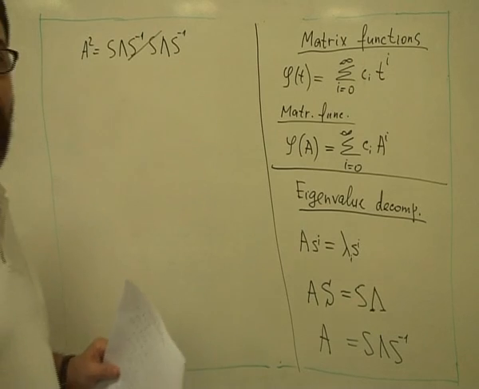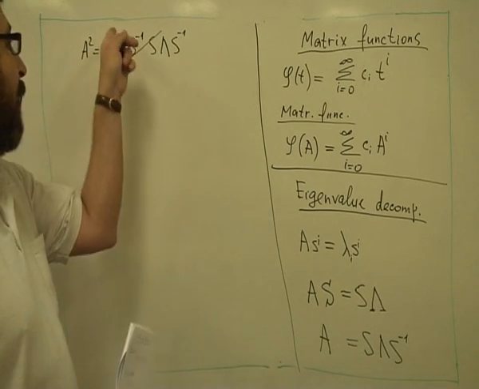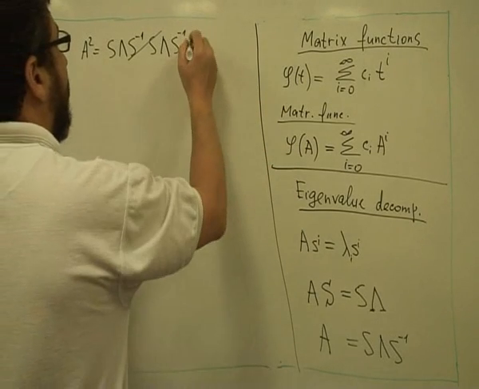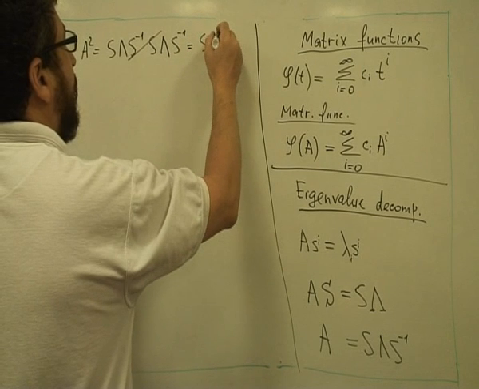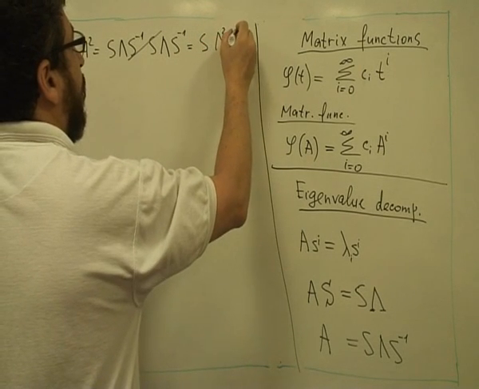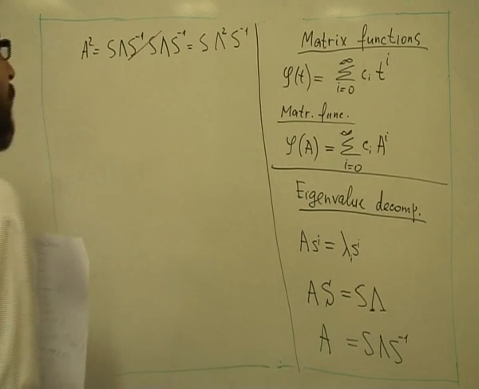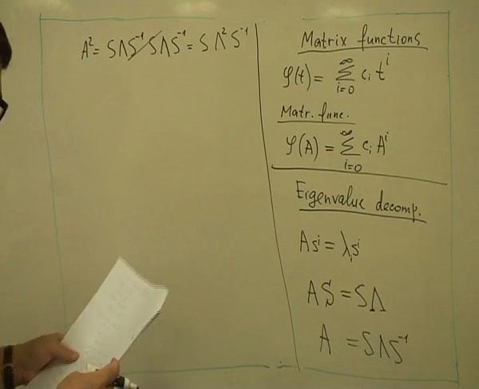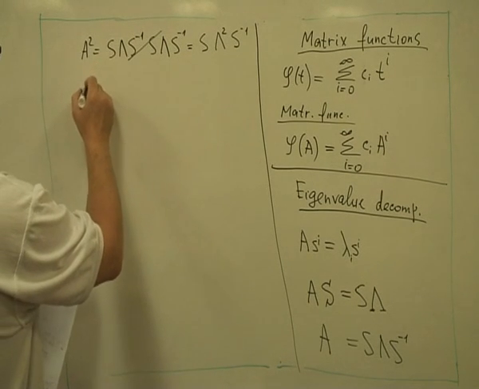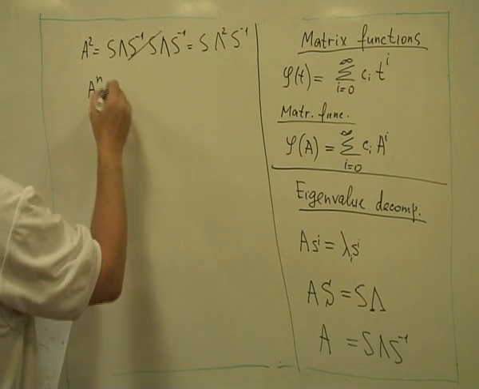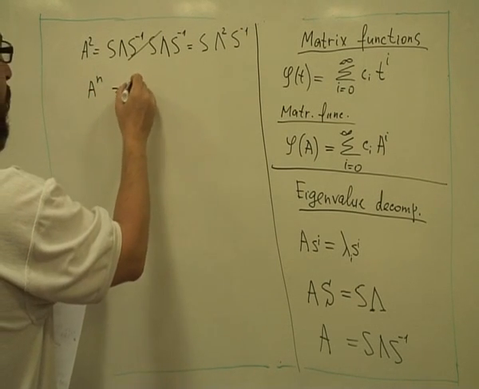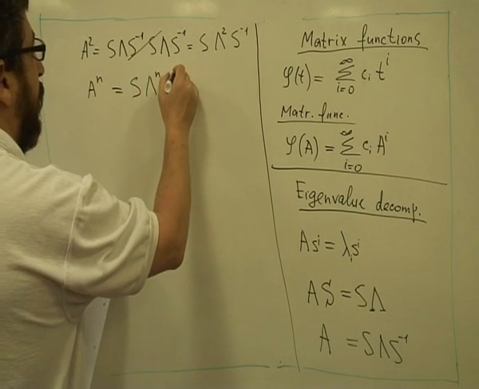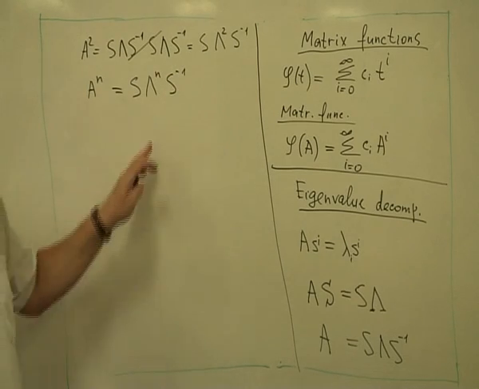Multiplying diagonal matrices is very easy: it's element-wise multiplication of the entries. So this will be S lambda squared S inverse. And I can continue such manipulation for any power of matrix A. So I will get that A to the power n is just S lambda to the power n S inverse. Now my computation is much easier.